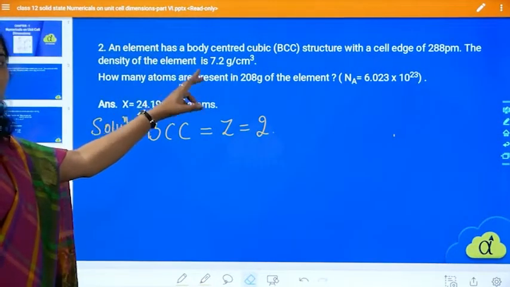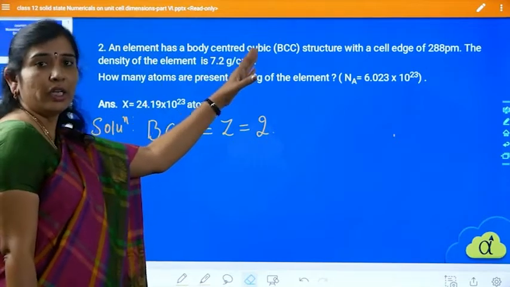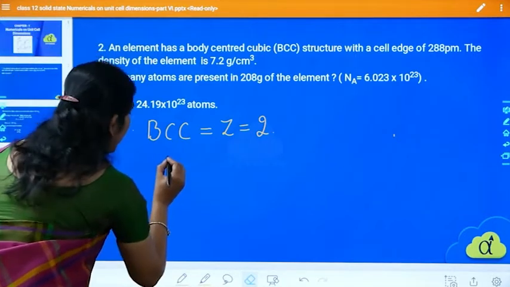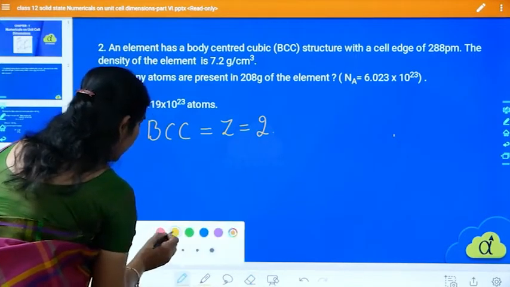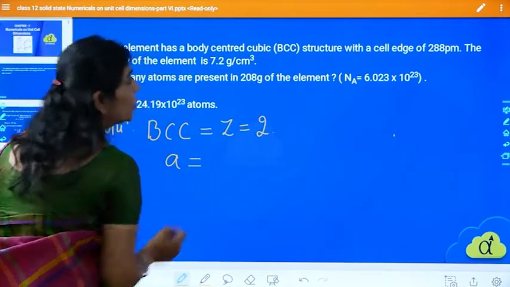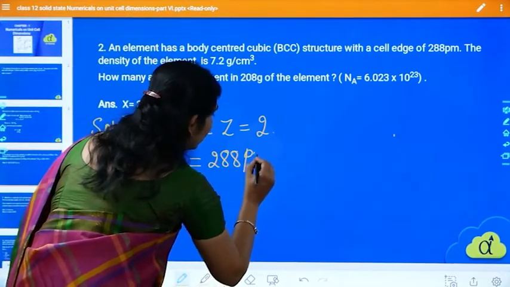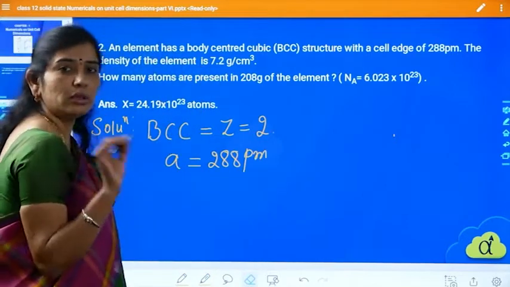First you have to see what type of cubic is given. Now the edge length A, what is the value given? A is equal to 288 picometer. You should convert that into centimeter.